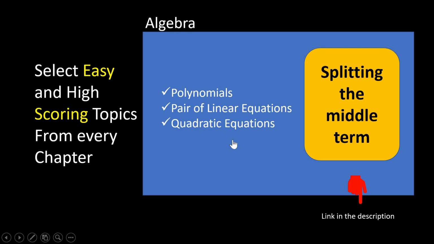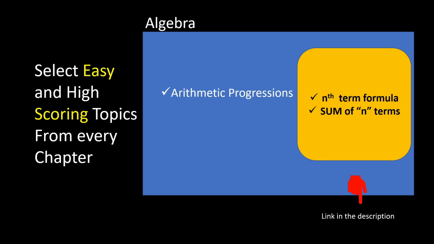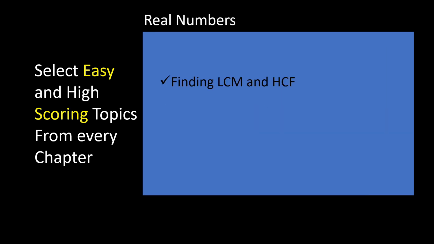So this is one way of selecting easy topics and easy chapters or comfortable topics. And one more easy topic which I feel is nth term formula, sum of the n terms formula, which you can easily do in arithmetic progressions. So this kind of topic selection is also important from each and every chapter.